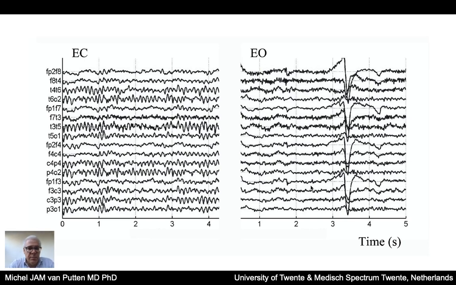And what is shown on the right is an eye blink. So during an EEG measurement, you will also record eye blinks. And you can look in the literature to figure out what the cause of this eye blink artifact, as it is known, is.